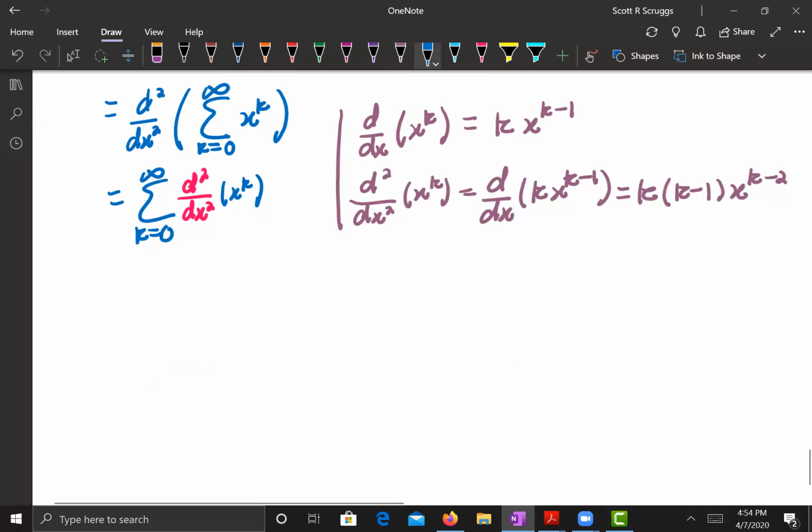So what I get inside my series is the sum from k goes from 0 to infinity of k times k minus 1 x to the k minus 2 power. And that's what I got from my power series for that.